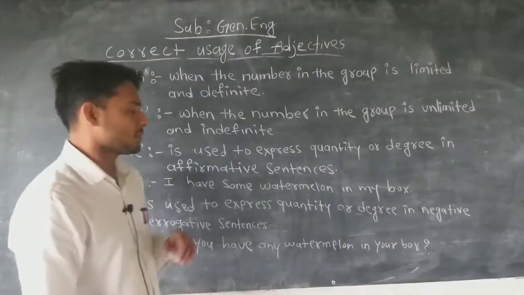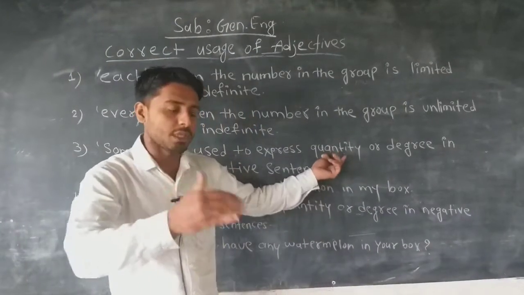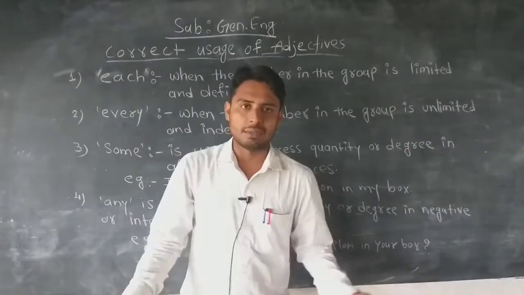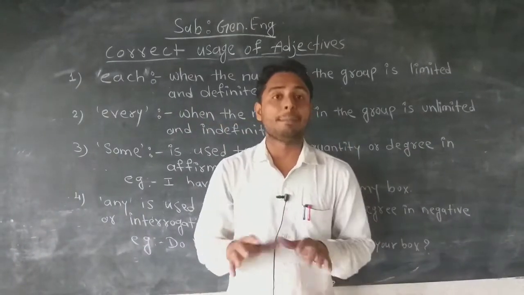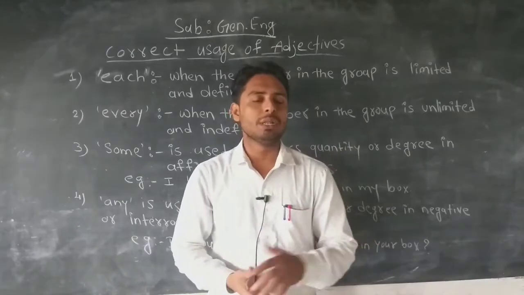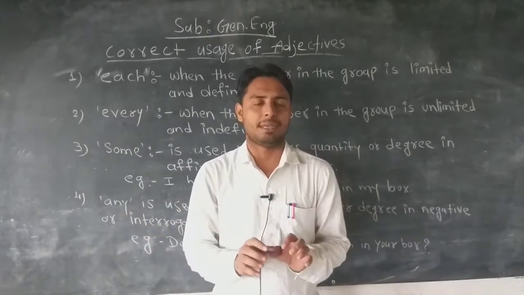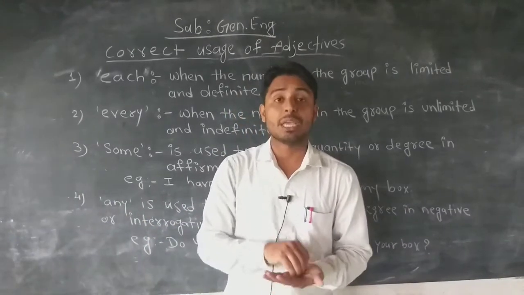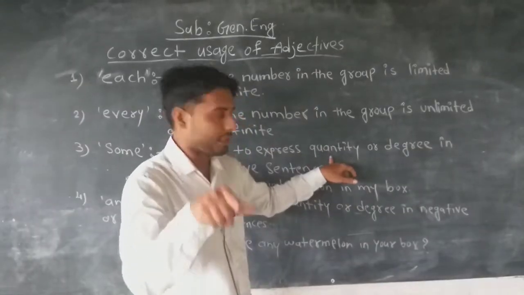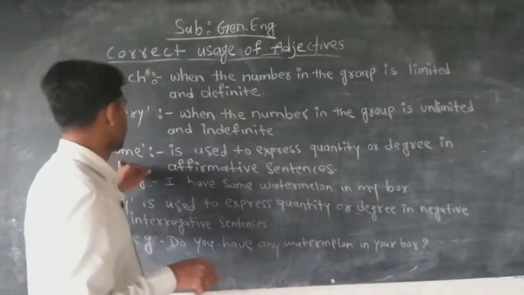Some is used to express quantity. For example, you have pens, you will say I have some pens. For showing quantity and degree, you will use some.